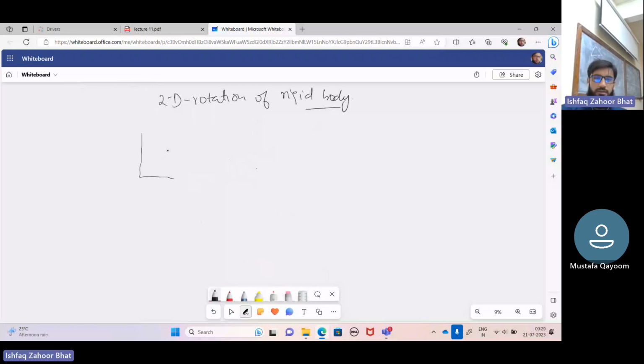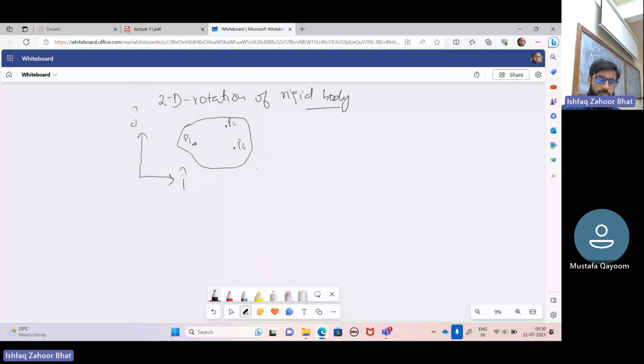Okay, so we have some rigid body, and this is some frame I J, and there is some rigid body. Let's take two points P1 and P2, and let's take P3.